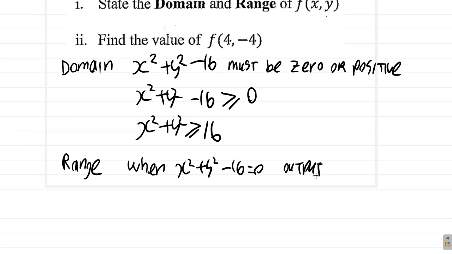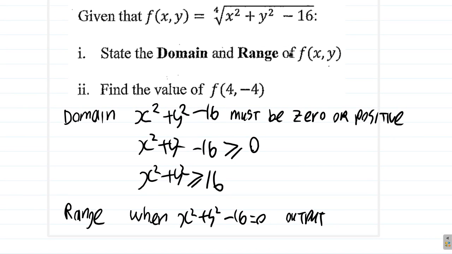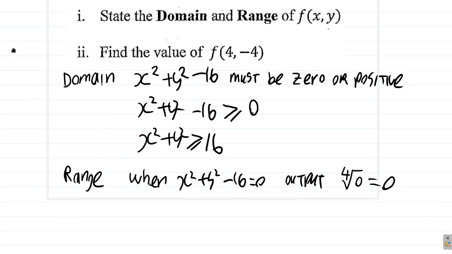When what is under the fourth root sign is 0, that is when x squared plus y squared minus 16 is 0. Then the output is the fourth root of 0, which is 0. So it starts at 0. 0 is the lowest value.